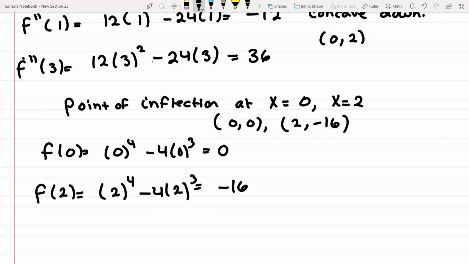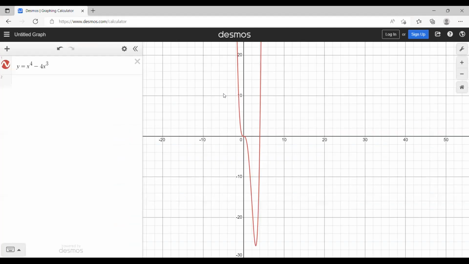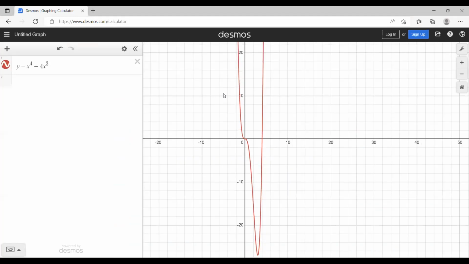So now let's actually see. I guess we could just put it in Desmos to see if it's true. One second, let me share screen. So here's our graph. Can you see it? So is it true? Is it really concave up from -infinity to 0?